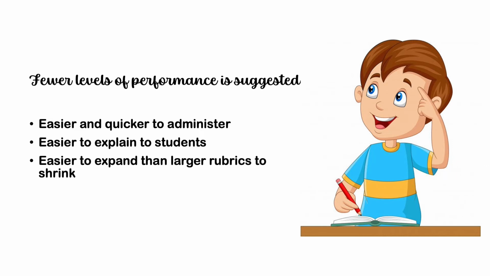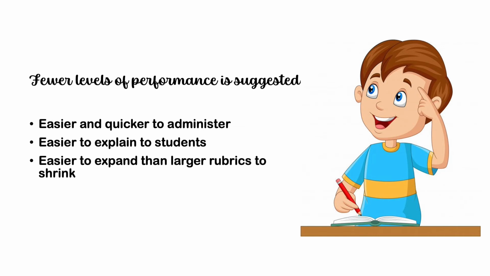Why do I recommend this? Of course, it is easier and quicker to administer, easier to explain to students, and easier to expand than larger rubrics are to shrink. As I've been telling you a while back, if you start with fewer levels of performance, then you can always add.